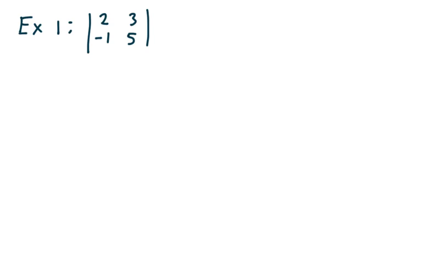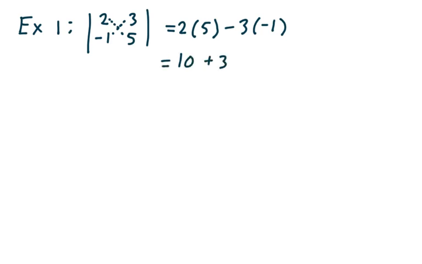I take the product of the entries along the main diagonal, which in this case is 2 times 5, and I subtract the product of the entries along the other diagonal, which is 3 times negative 1. This is 10 plus 3, which is equal to 13. That's example 1.